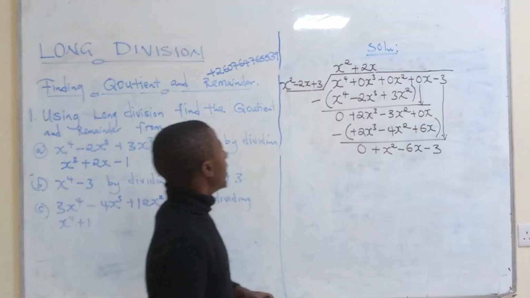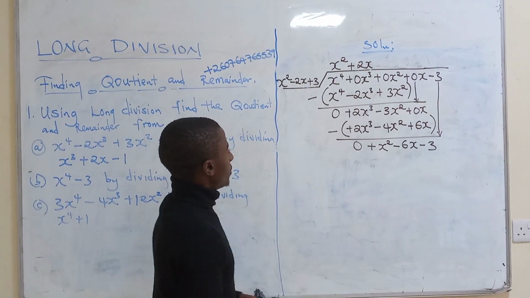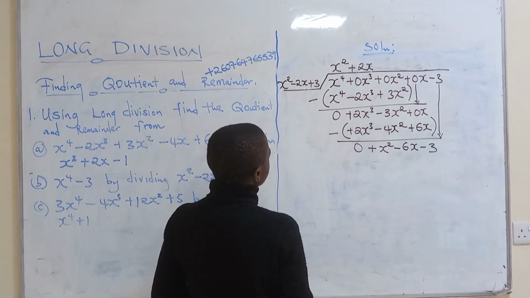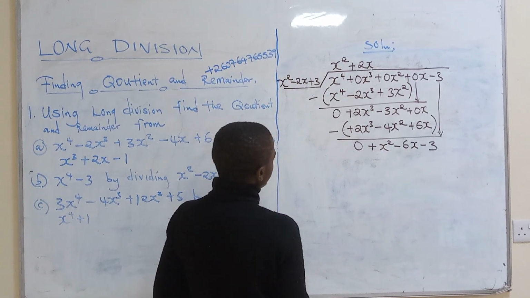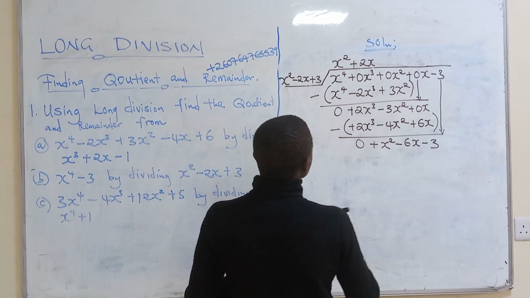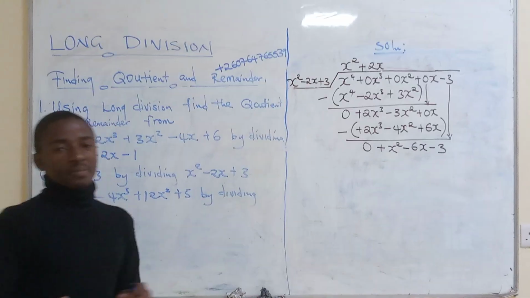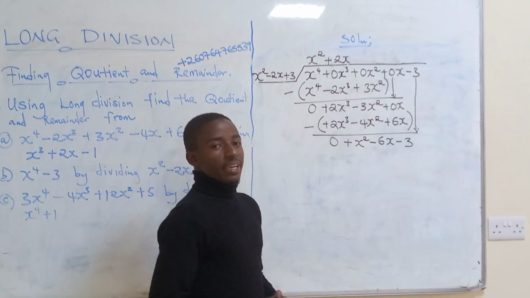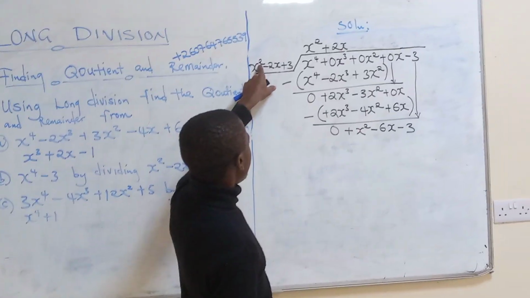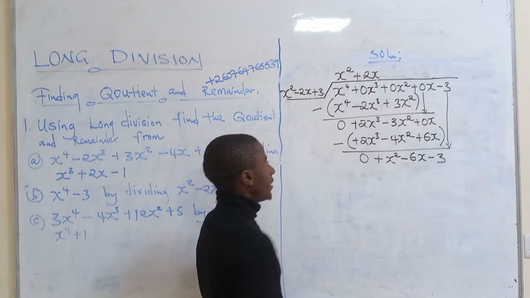Same procedure, this value should be divided by that value. When you divide, x squared divided by x squared, you are going to obtain 1.